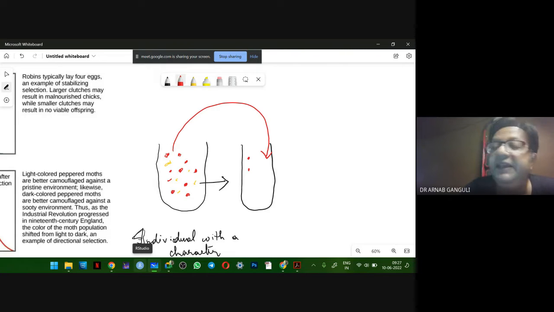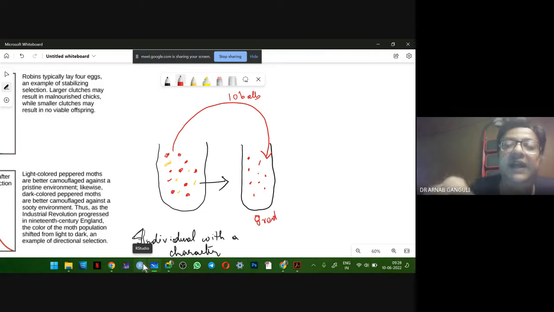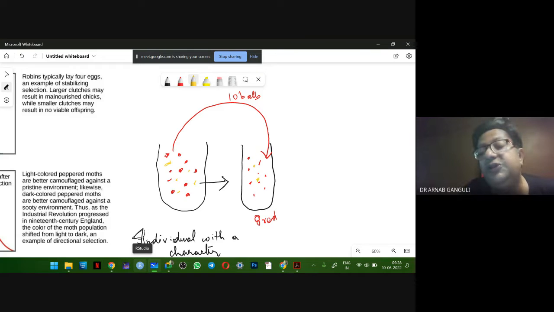You are told to pick 10 balls out of these 15 balls. It could very well be you picked up 8 red balls and 2 yellow balls. So the number of yellow balls, which was 5, has decreased to 2.